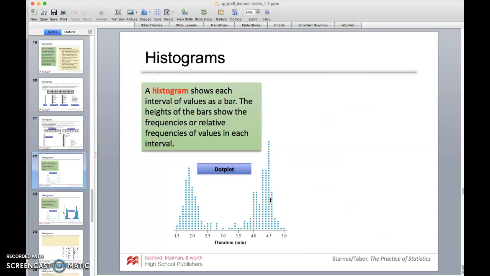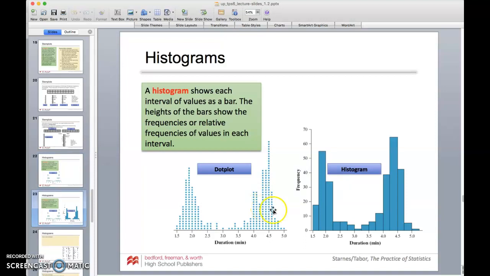So now a histogram, it can be kind of like a dot plot, except instead of using dots, we're just going to use bars. And you can kind of see here that this is the frequency. We kind of put these together, from 1.5 to 1.75, and then 1.75 to 2 we'd put here, and then you'd see the bar graph.